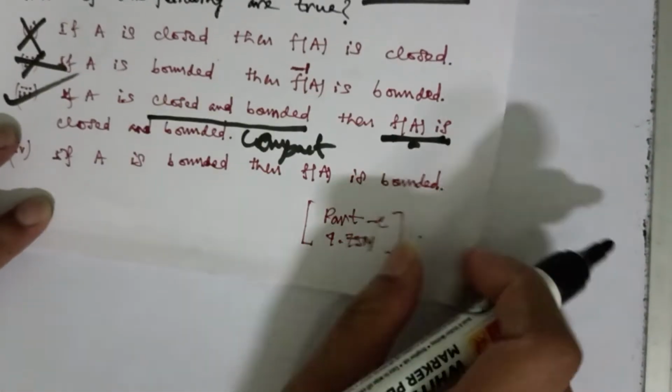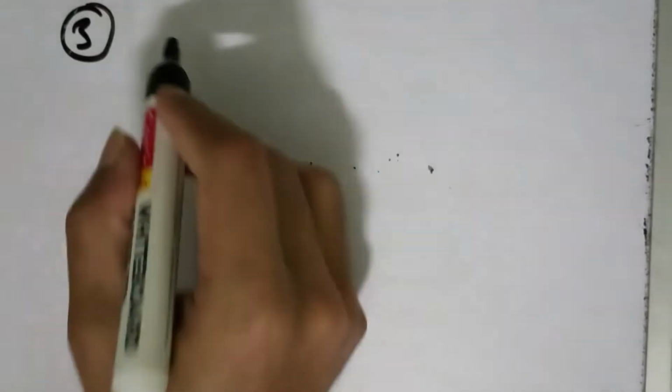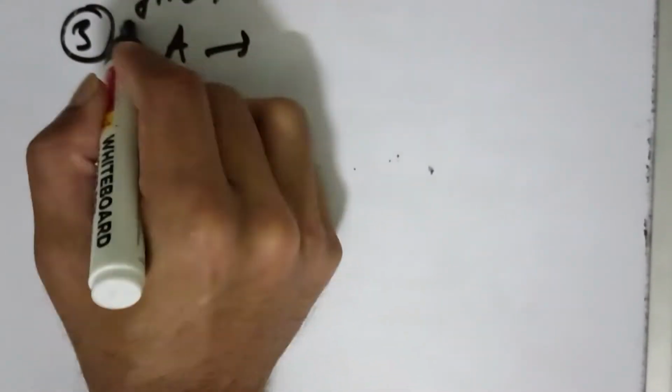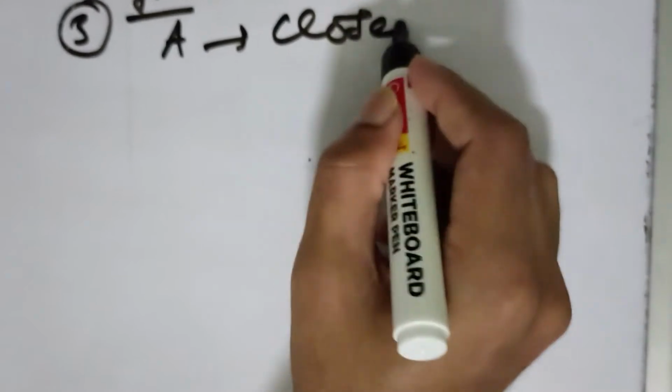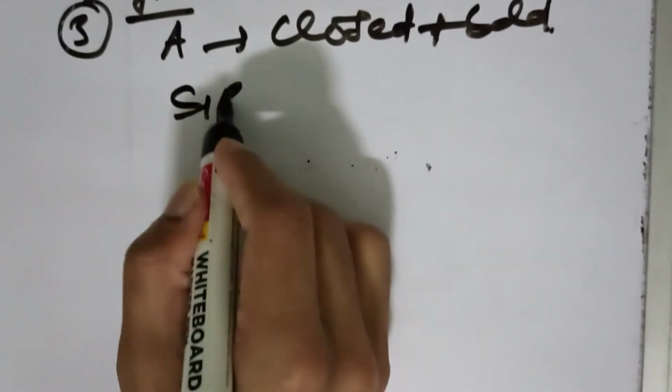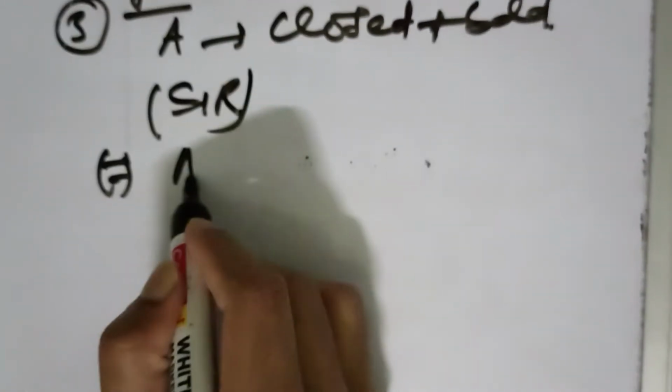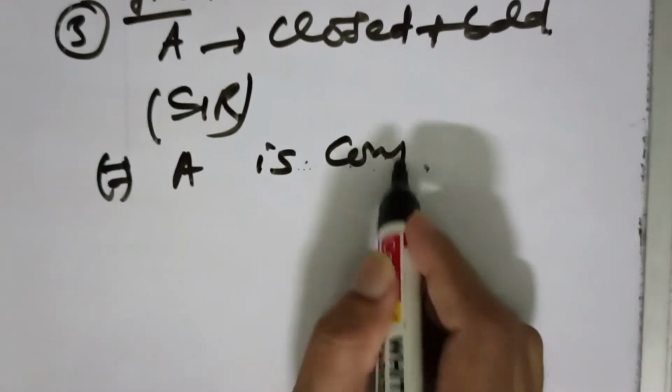For option 3, it is given that A is closed and bounded, obviously a subset of R. We all know closed and bounded subsets of R are compact by the Heine-Borel theorem. Then A is compact.